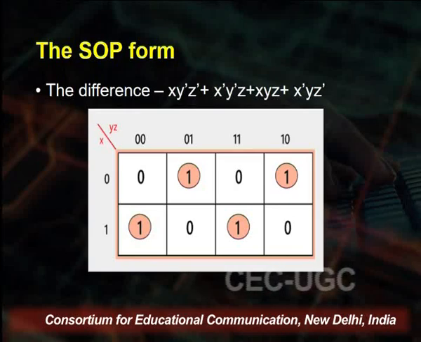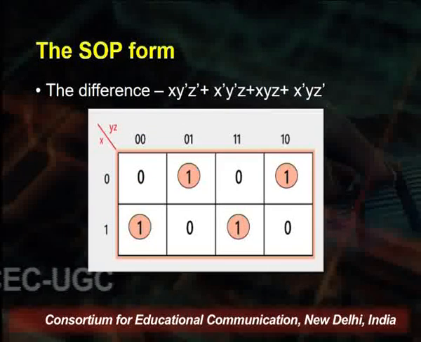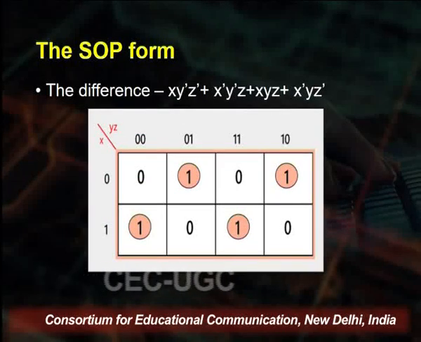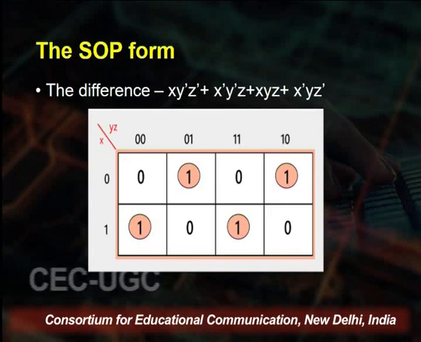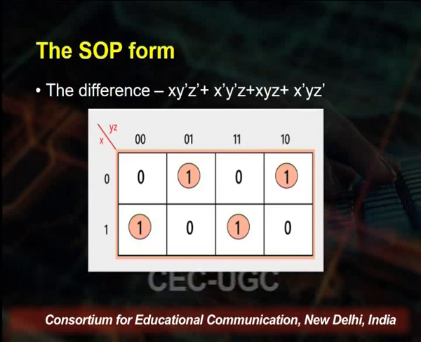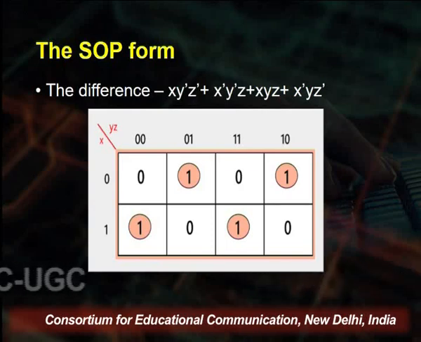These are the 4 places where you are having a 1 appearing in your column for the difference side. Again, look at this truth table. If you try and simplify this, there is no grouping that is possible. So automatically this remains as it is, which means that there is no simplification happening in this difference K-map.